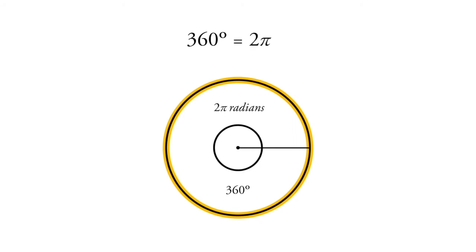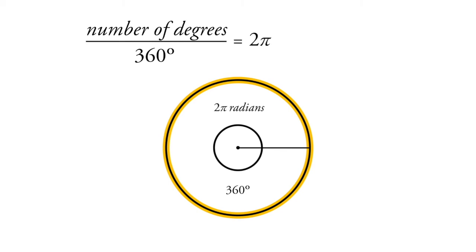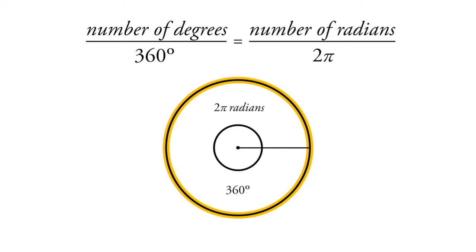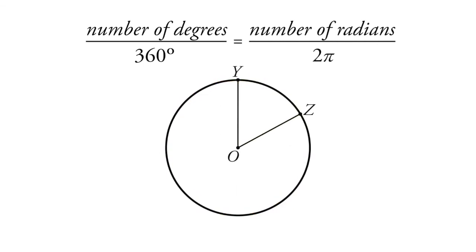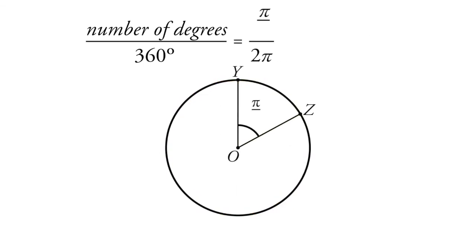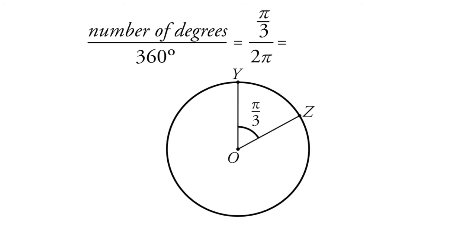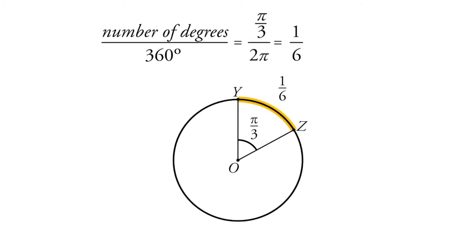So what we have to do anytime we're converting radians to degrees and back, it's best, I think, to think of it as a proportion. So your number of degrees to 360 degrees equals your number of radians to 2 pi radians. That's our ratio. So in the case of ours, we know we have pi over 3 radians. That's our angle. And you can just look at that and know that's 1/6 of the whole way around.